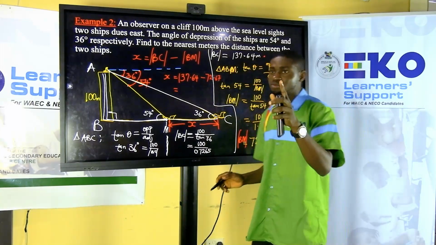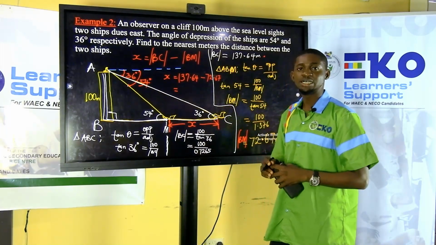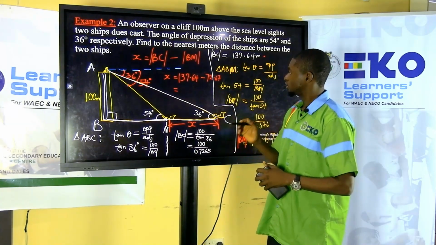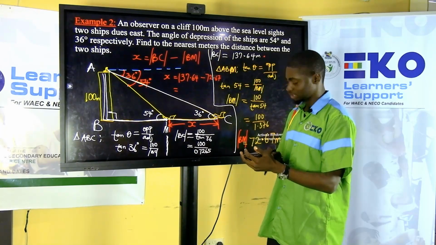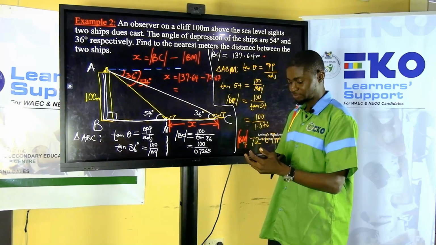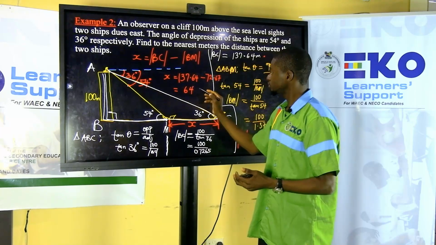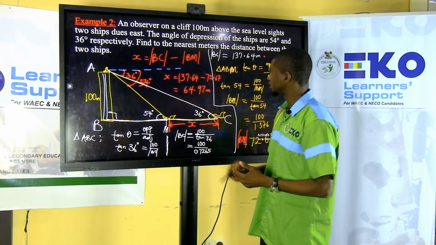So I want to believe that you are keeping the copy of this triangle before we started the calculation so that you don't get it mixed up. Now let's subtract. Using our calculator, 137.64 minus 72.67 gives us 64.97 meters.